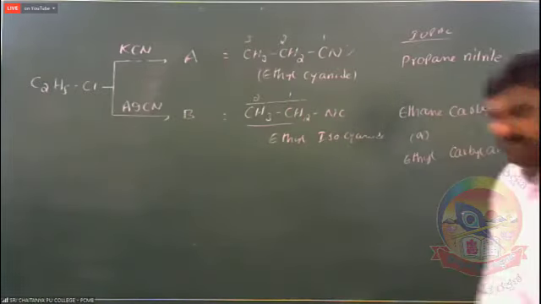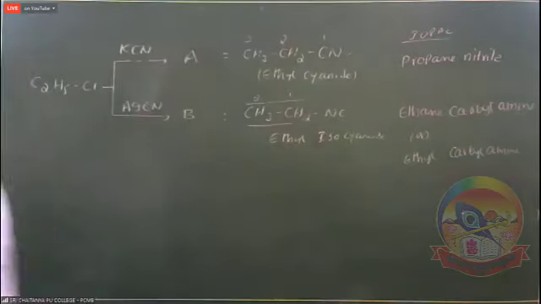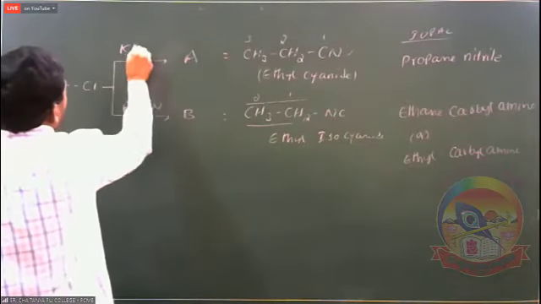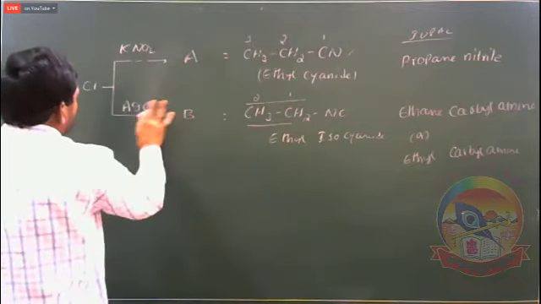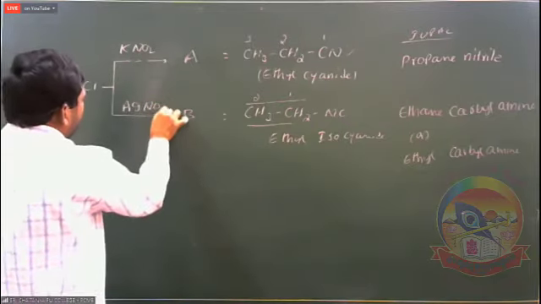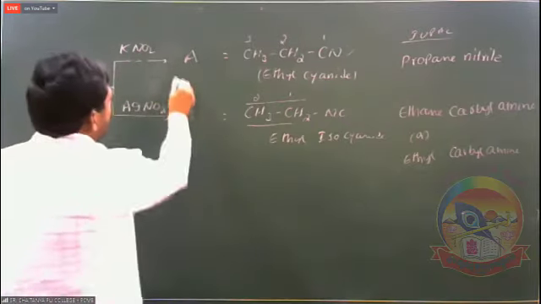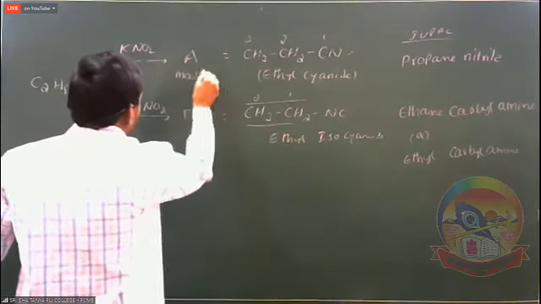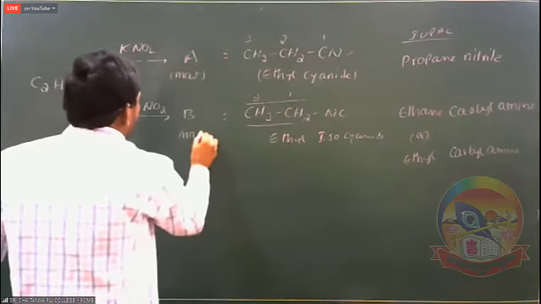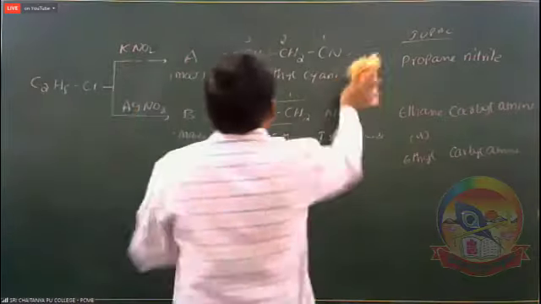Okay, the next one, nitro. Alkyl halides react with KNO2 and are treated with AgNO2. A and B are considered as the major products. So what are A and B?